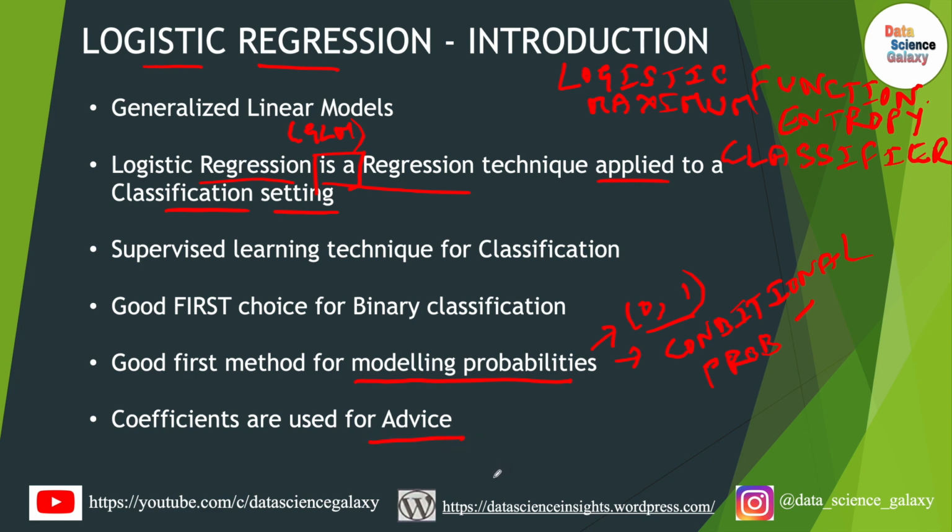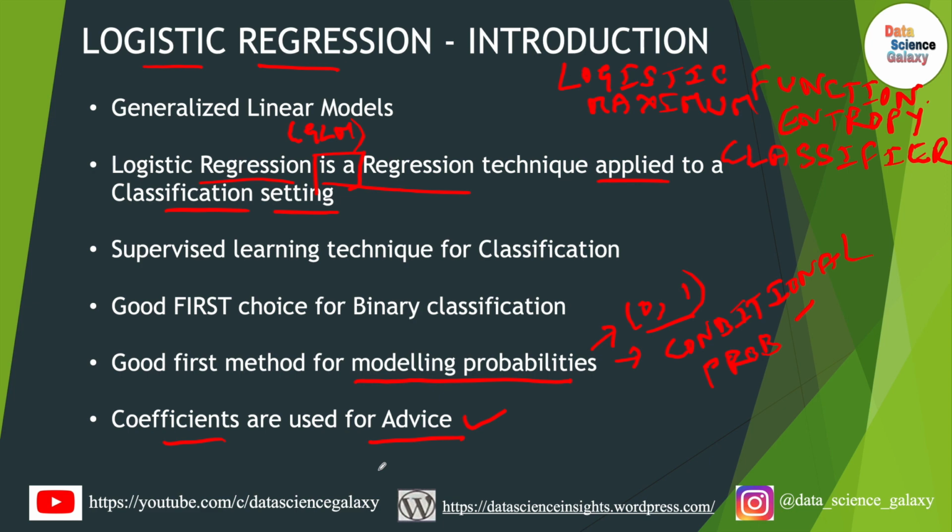That's because logistic regression is a white box model. That is to say, I'm not just able to come up with a mathematical representation, I'll also be able to explain and interpret the model reasonably well. And therefore, I would use the logistic regression coefficients for advising my clients, because this helps me to quantify the relationship between my outcome of interest, or phenomenon of interest, and the inputs of the model.